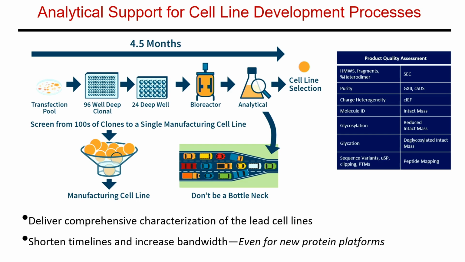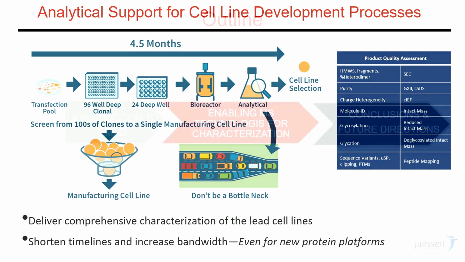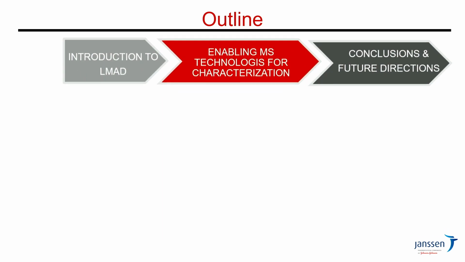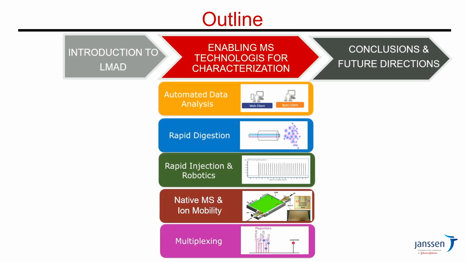And we hope to debottleneck these processes by looking at various ways to speed up or accelerate analytical characterization on our end, because we don't want to be the slow step in this process. So today I'll be talking to you about some of these enabling technologies, some new technologies which are non-platform to characterize molecules, and these are pretty new, and probably most of you in the audience haven't seen this.